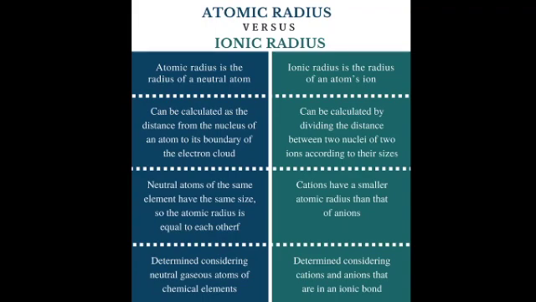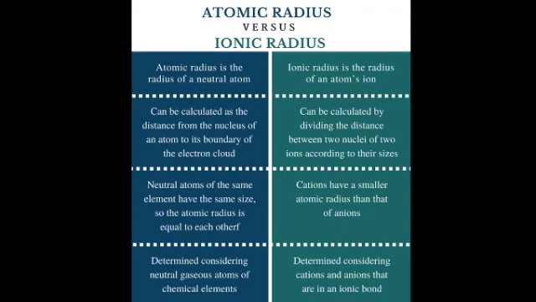Next, atomic radius can be calculated as the distance from the nucleus of an atom to the boundary of its electron cloud. Ionic radius can be calculated by dividing the distance between the two nuclei of two ions according to their sizes.